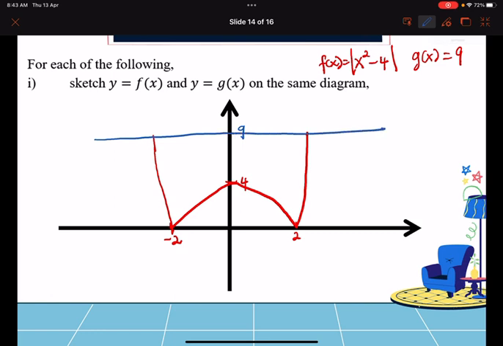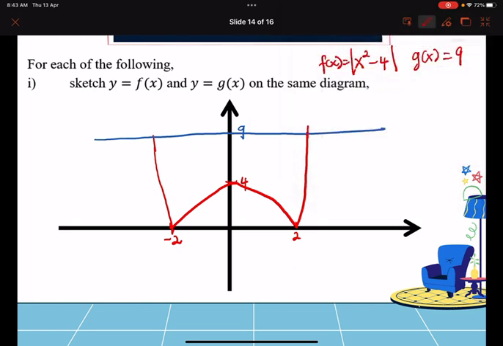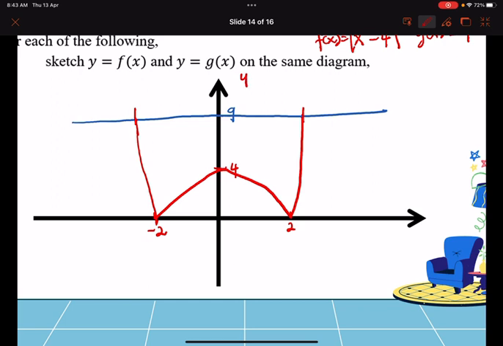Okay, that is the graph of g(x) equals 9. Now, please make sure that if they ask you to clearly show the point of intersection, yes, you need to show the point of intersection. However, in this question, they did not ask you to. However, you need to label the y-axis and x-axis accordingly.